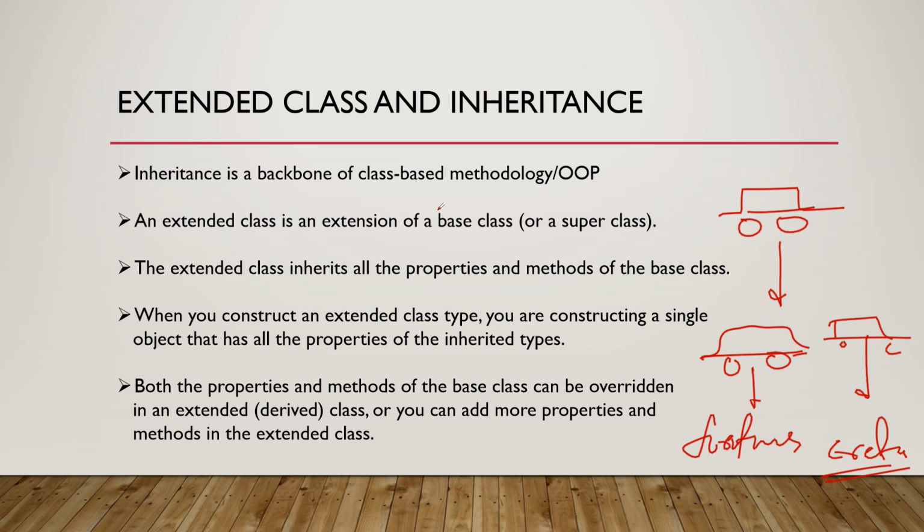So see, the basic rule is that both have four wheels, and both have steering, and many other properties which they share in common. So instead of writing this again and again, we write it in one class, and then from this class we extend the behavior in different classes. So suppose we have written wheels and steering here.